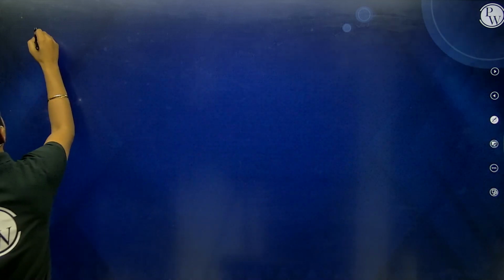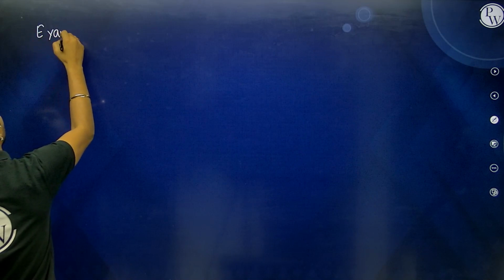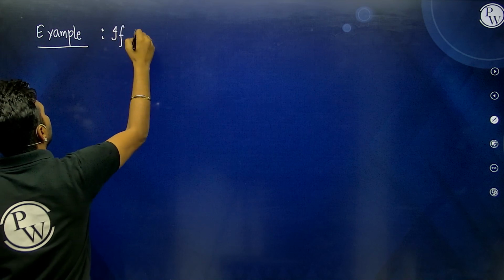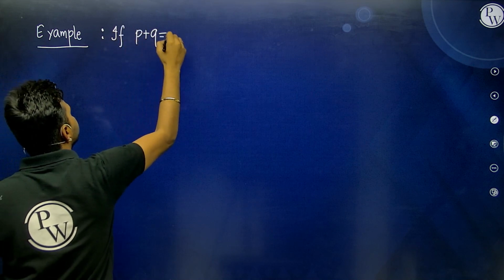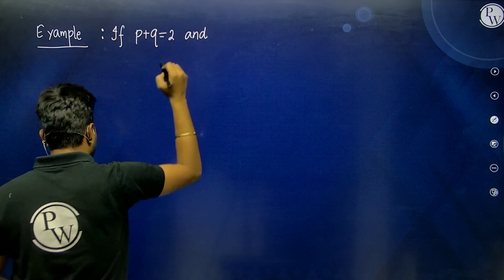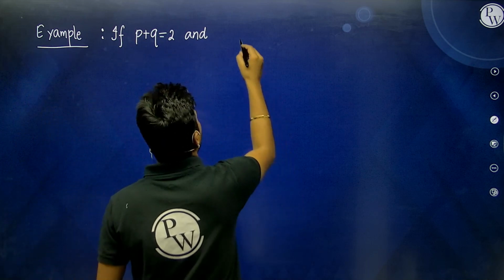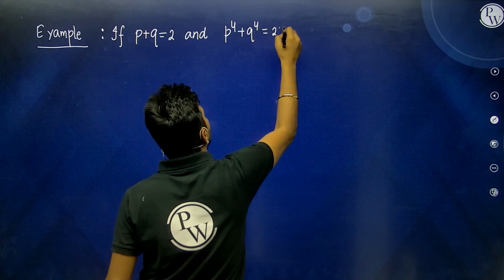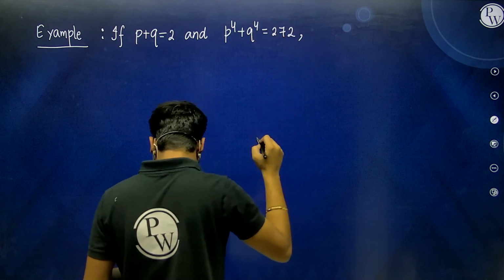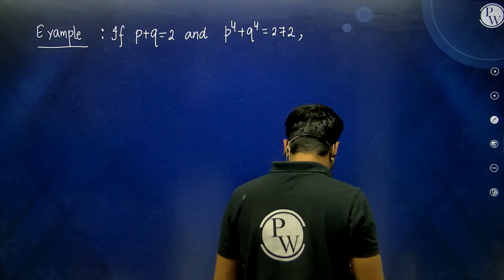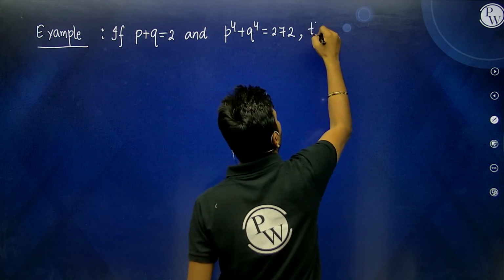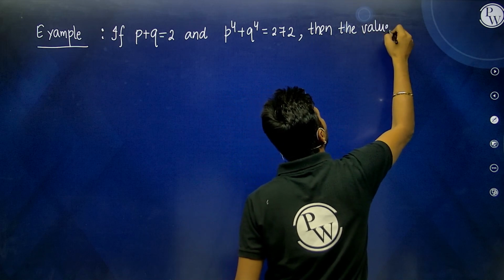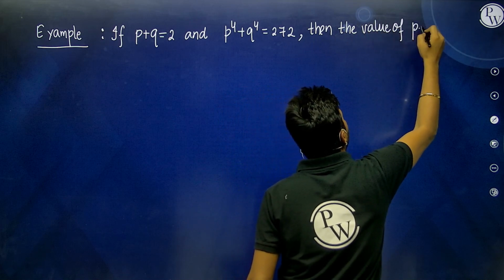Example: if p + q = 2 and p^4 + q^4 = 272, then what is the value of p times q?